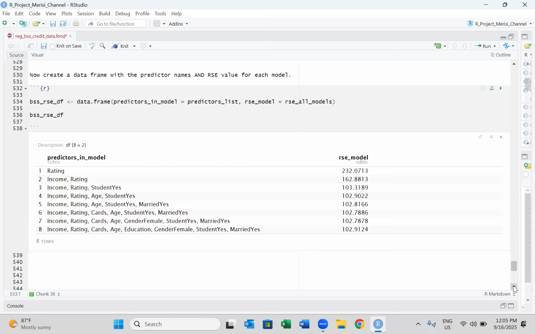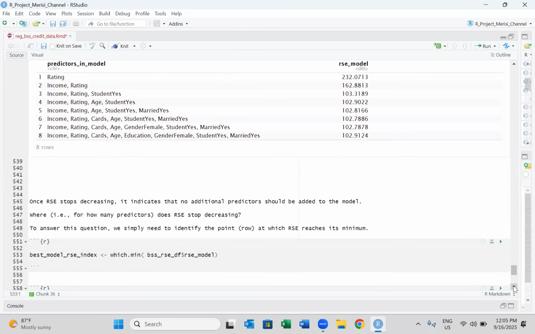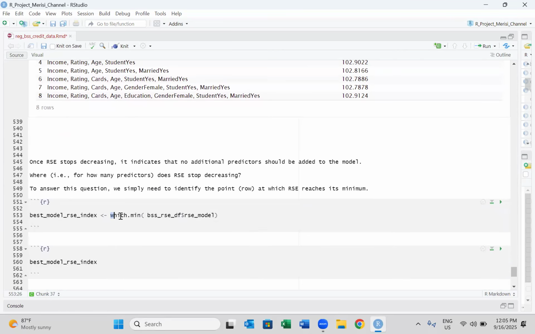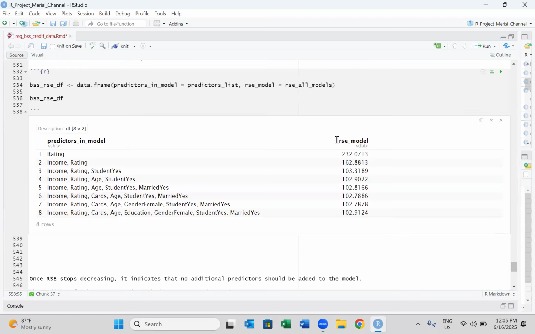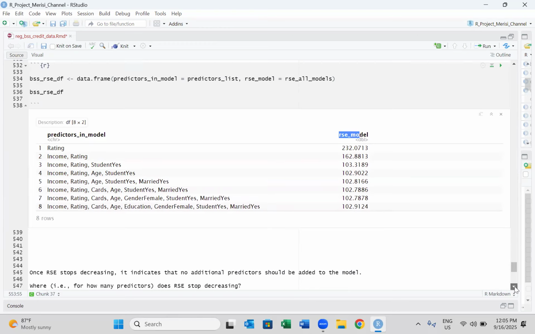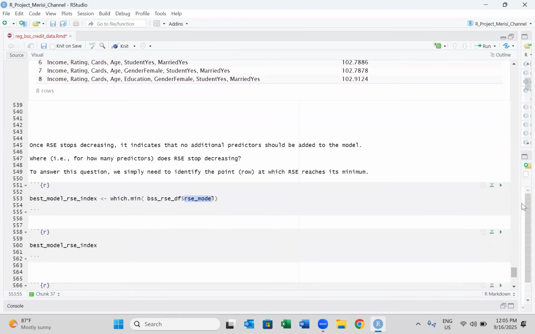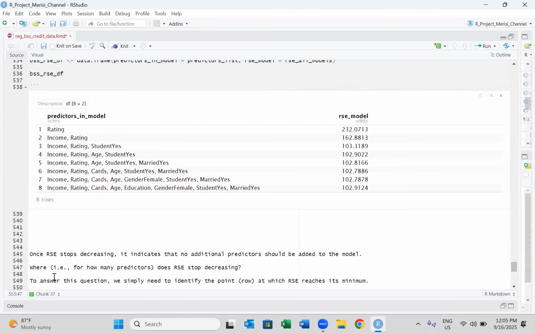And to that, we can use the which.min function. So I'm applying the which.min function to the RSE model column, this one. All right, and sure enough, we get that the minimum RSE happened at index 7. Is that correct? Let's check.